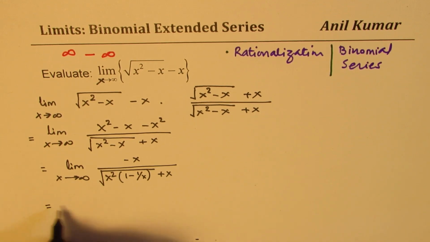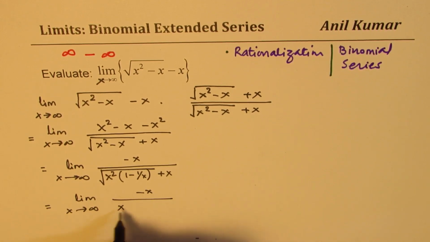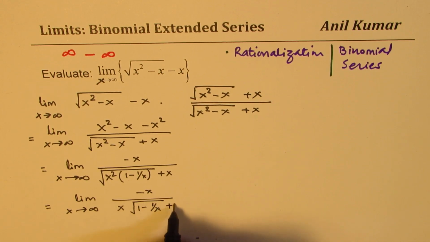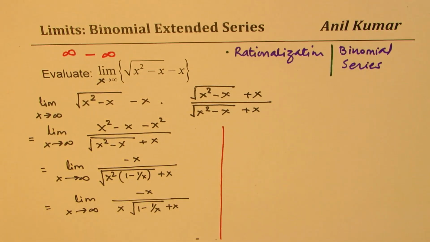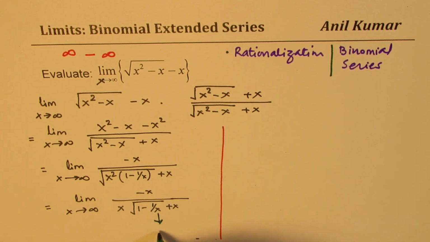So I could write this as the limit as x approaches infinity, minus x on the top, x times the square root of 1 minus 1 over x, plus x. Correct? Now when x is approaching a very large number, 1 over x will approach 0, right? So this will approach 0, and therefore we can also cancel this.